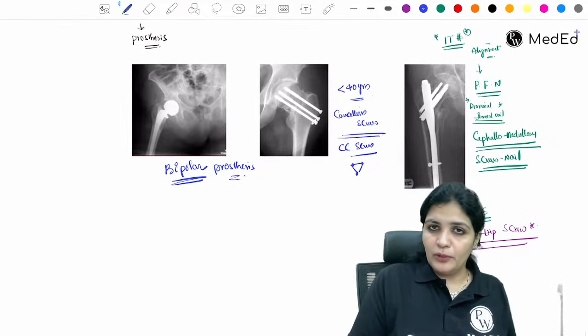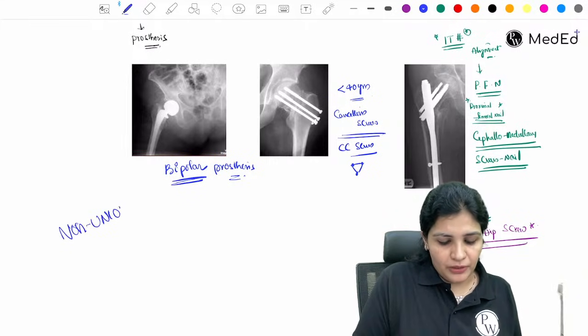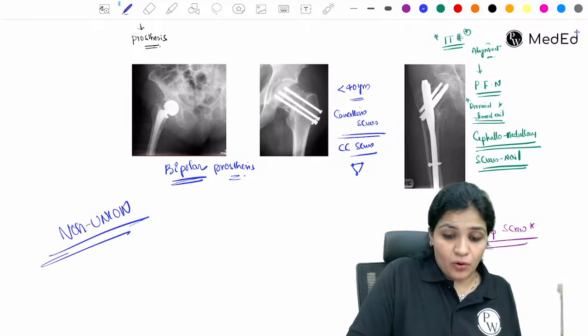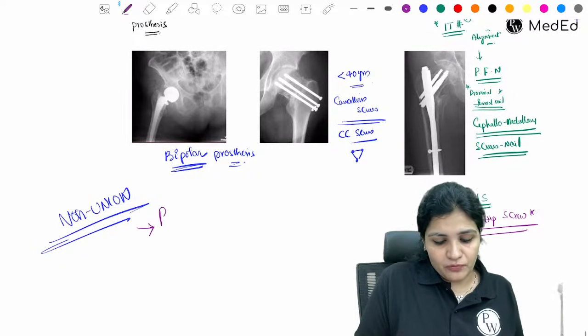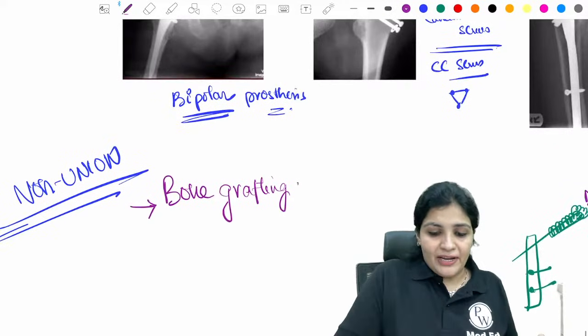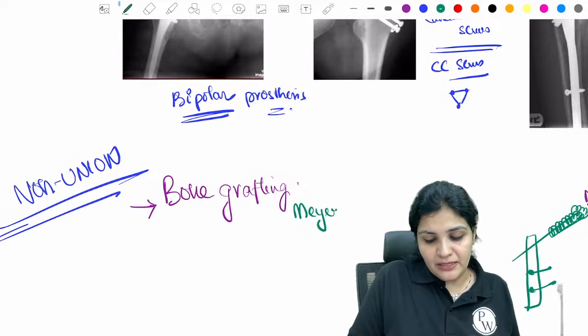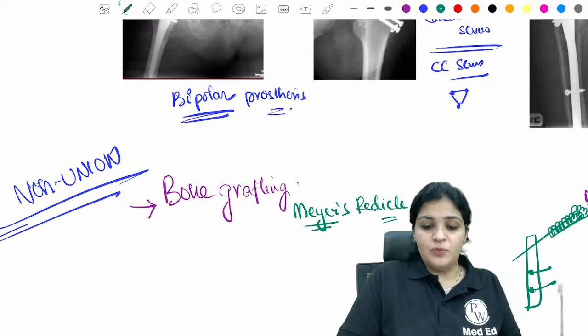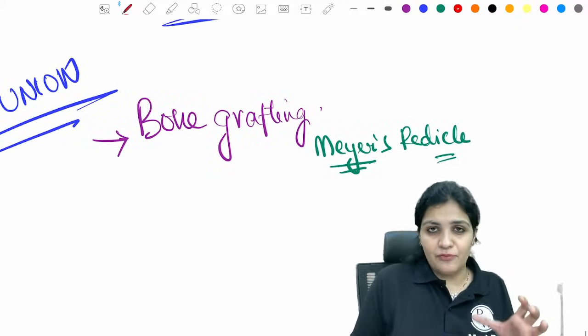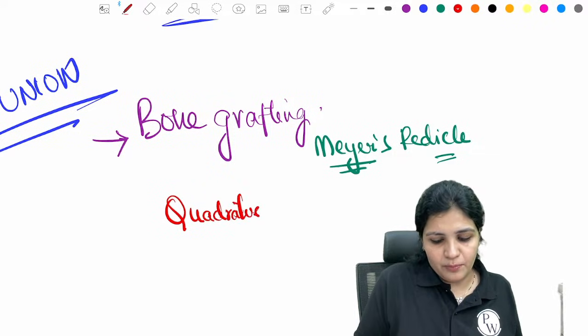One is non-union, the second is malunion. Whenever there is a non-union, you have to treat that non-union, which can be done with bone grafting. There are various bone grafting pedicles. One such is the Mayer's pedicle. Here we take a muscle which is very rich in vascular supply, called the quadratus femoris.